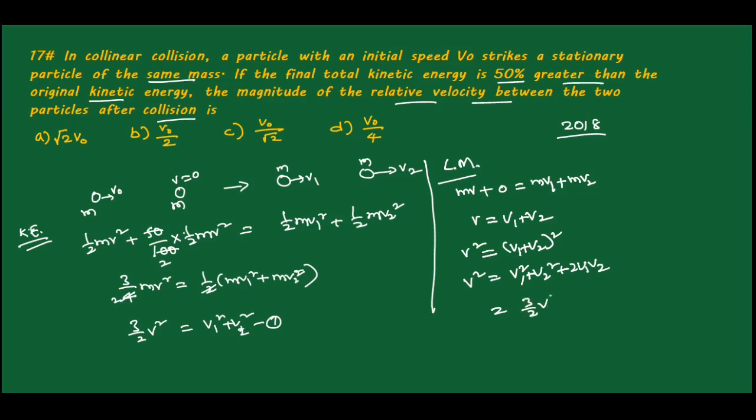Taking 3 by 2 v square minus v square gives minus 2v1 v2, so 3 minus 2 times v square by 2 is equal to minus 2v1 v2. Take this as equation 2 and the result as equation 3.